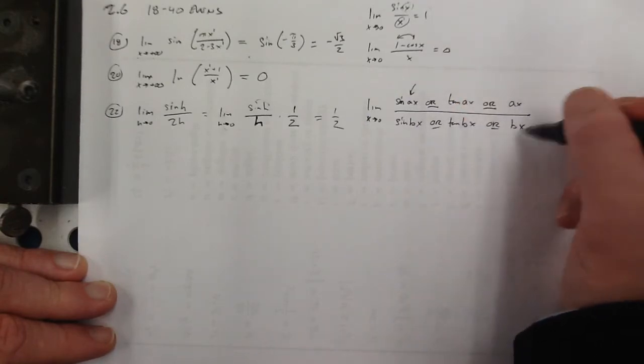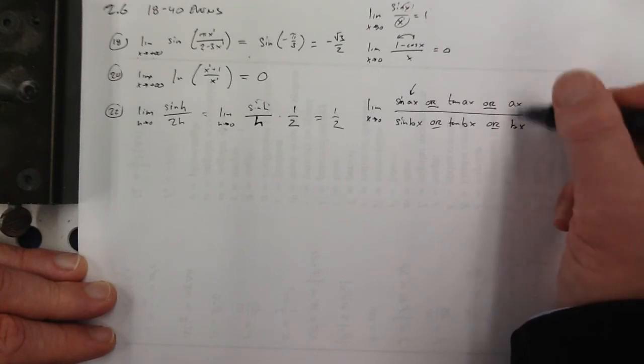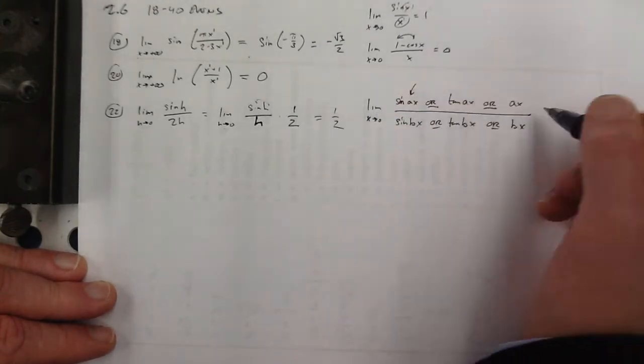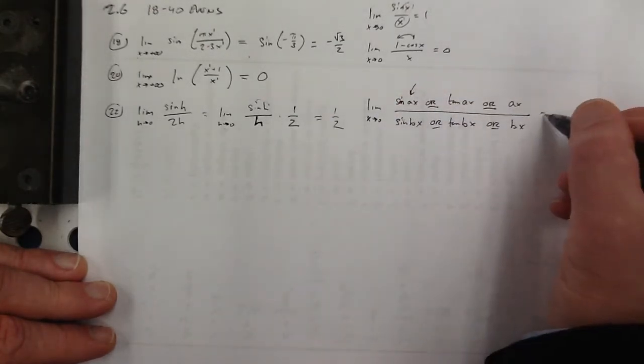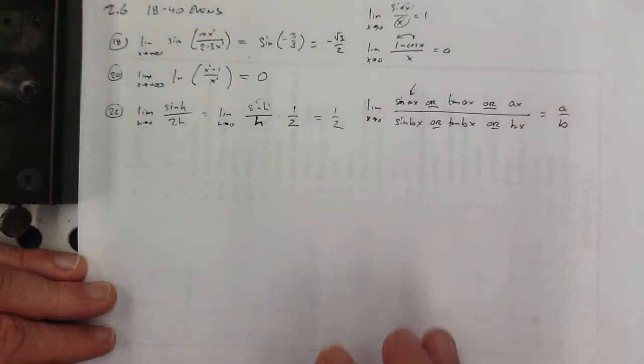Of course, if it's just ax over bx, that's like highest power, top and bottom. It's just a over b. But all of these, any combination of those, the limit's just a over b.